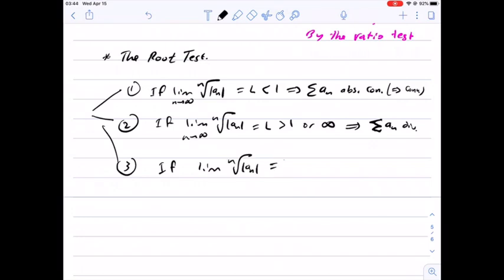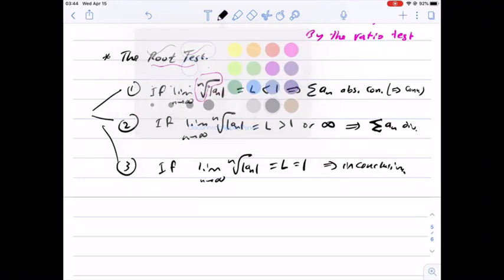Third, if the limit gives us the number 1, L is equal to 1, then it's inconclusive. The test is inconclusive. And as you can see, we call this test the root test because we apply the nth root.